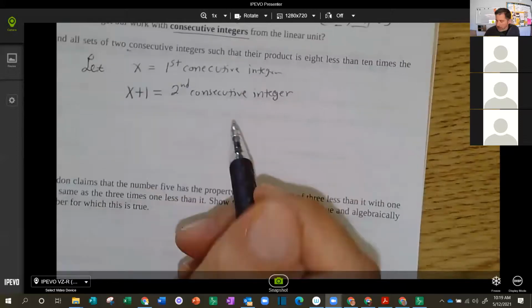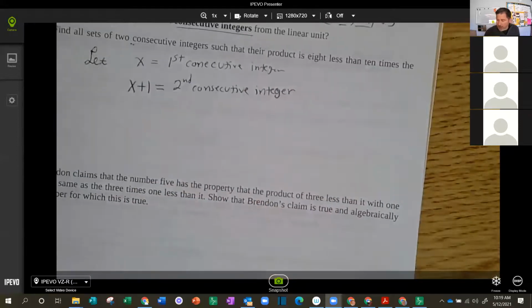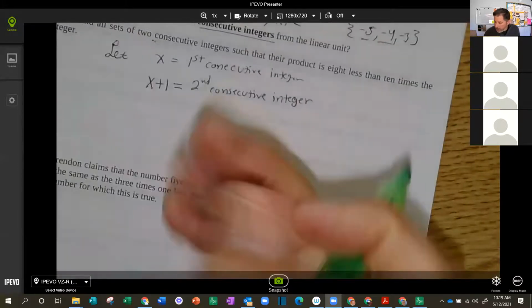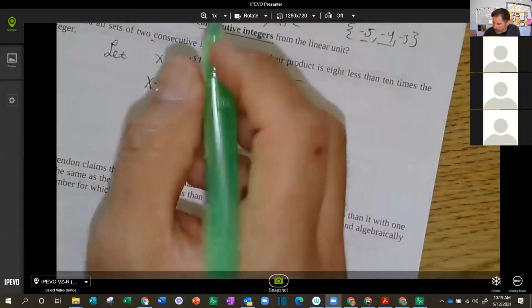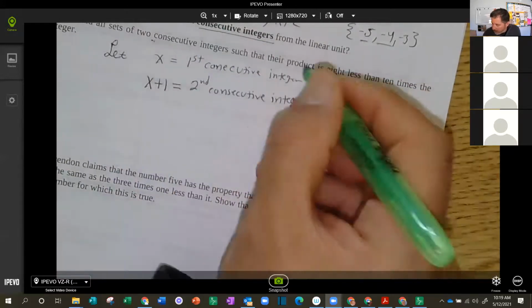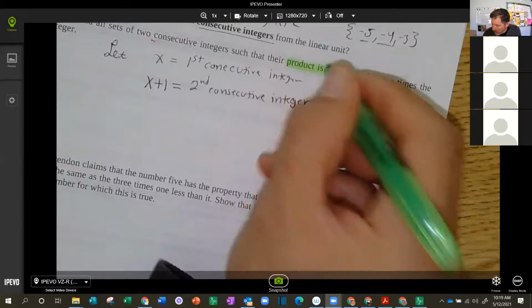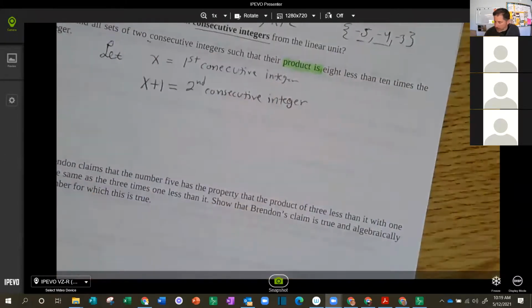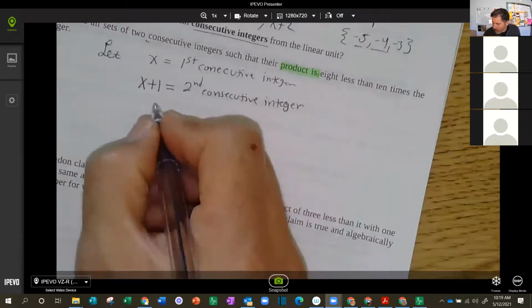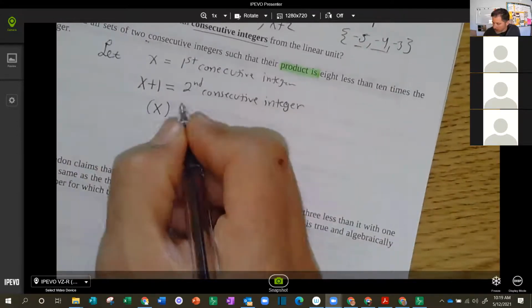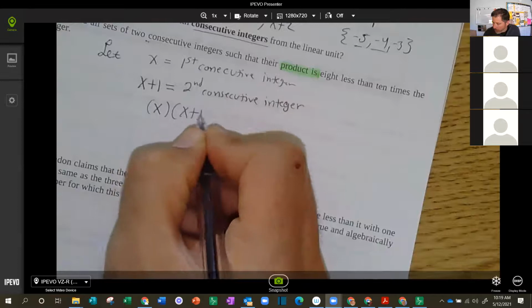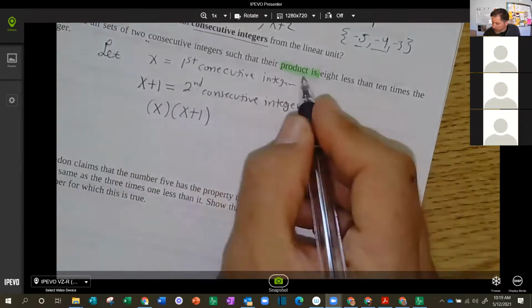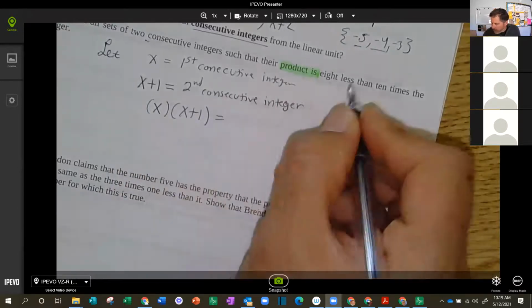Okay, we found that. Now we're going to have to make an equation after what was given to us. Here's what was given to us. Such that their product, 2 consecutive integers product. So we're going to multiply x and x plus 1. X times x plus 1. Their product is 8 less.